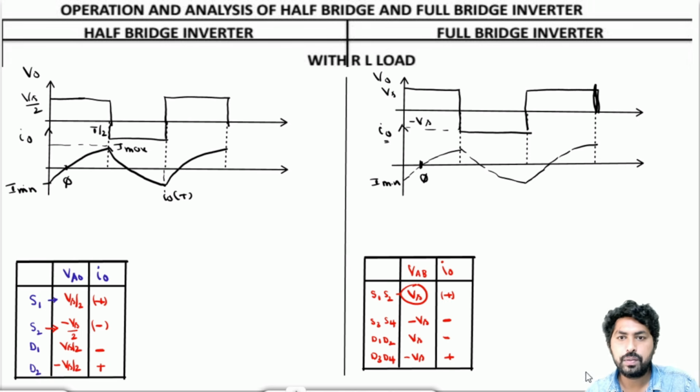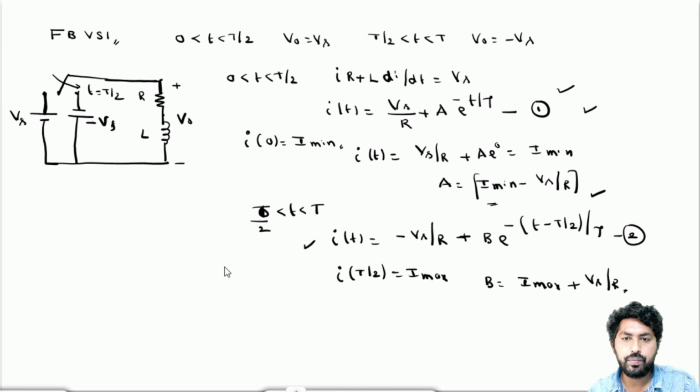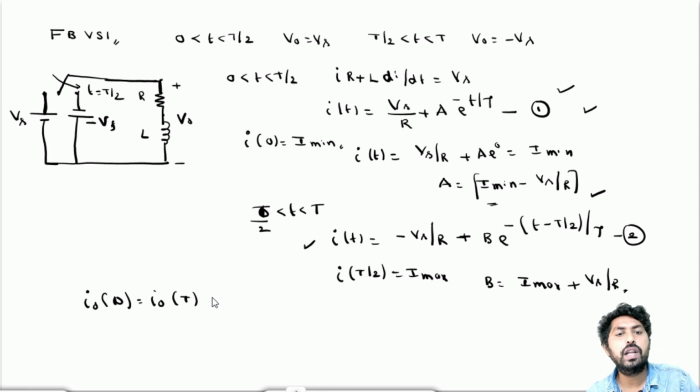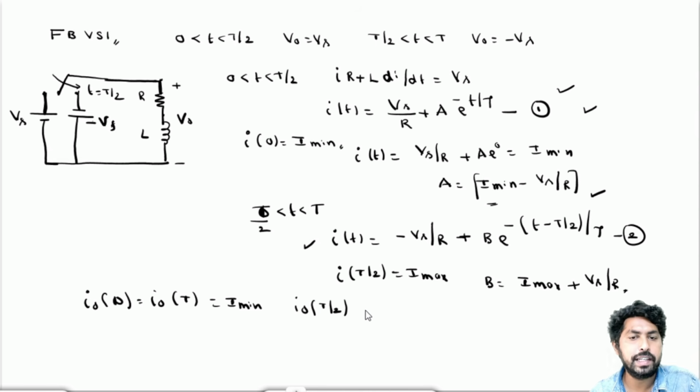From this, I naught of T is equal to I naught of 0, because of the symmetrical nature, which is equal to I minimum, and I naught of T by 2 equal to I maximum.